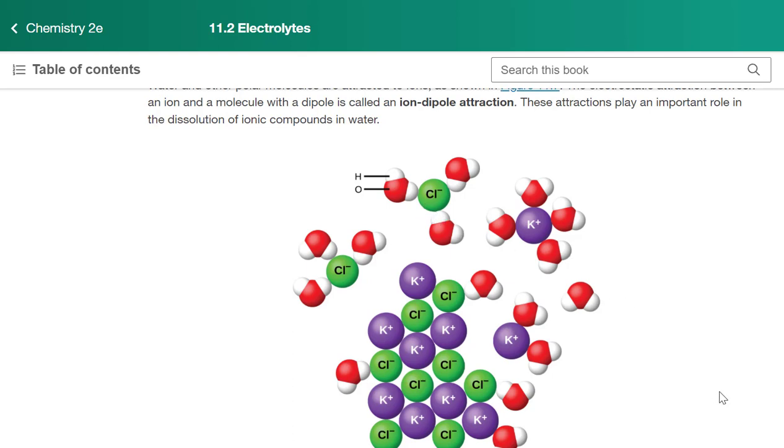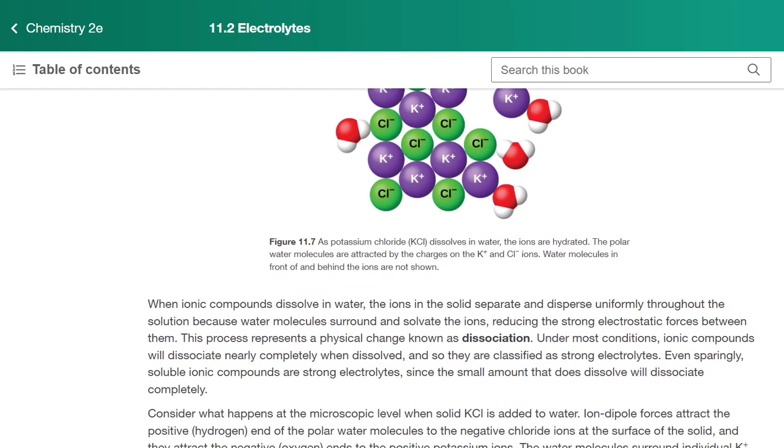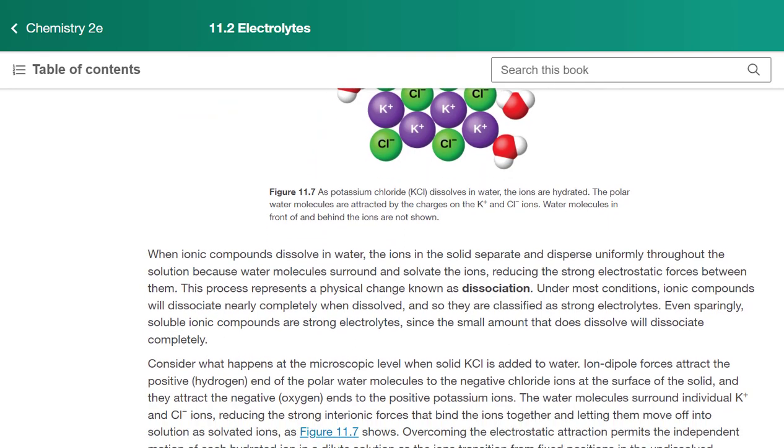These are very strong attractions, and they're strong enough actually to pull apart ionic compounds, which we again learned in Module 10 have very strong attractions. So their attractions are strong, but they're not strong enough that they don't get pulled apart when put into water. So this process is called dissociation. When a substance is pulled apart into its ions.